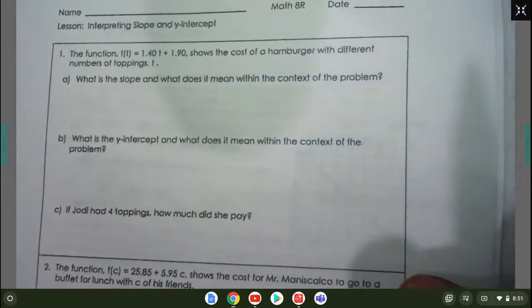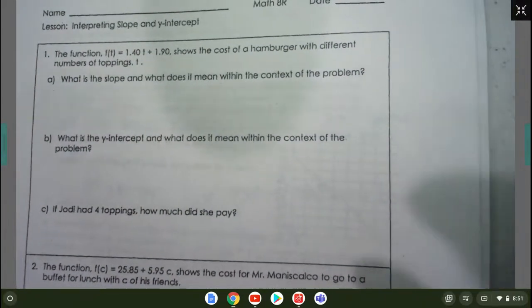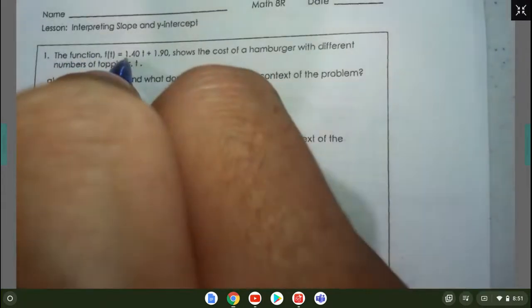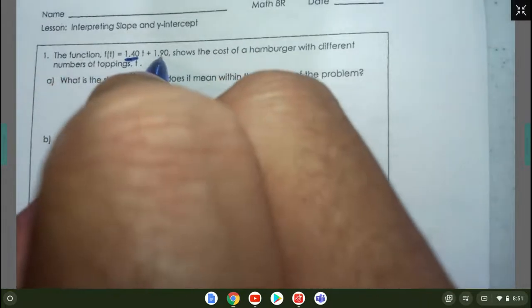All right, the function f of t equals 1.4t plus 1.9 shows the cost of a hamburger with different number of toppings t. What is the slope, and what does it mean within the context of the problem? So this is a little bit of review from when we were doing functions last time. This slope here is our number right here.